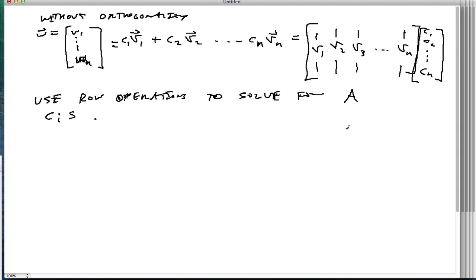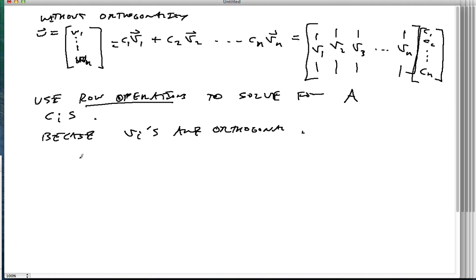It could be a problem that we'd have to use a computer for, but because the Vi's are orthogonal, we don't need to actually use row operations or do any of that heavy lifting to find the Ci's.